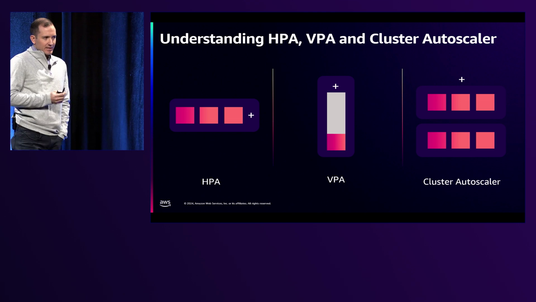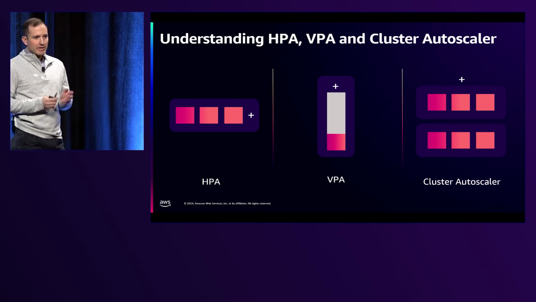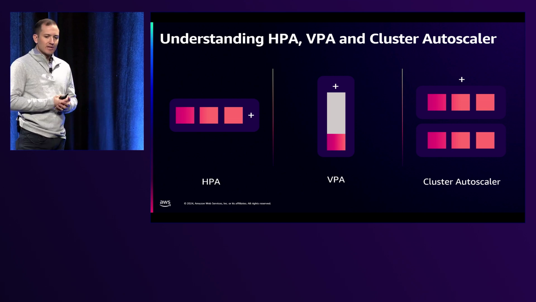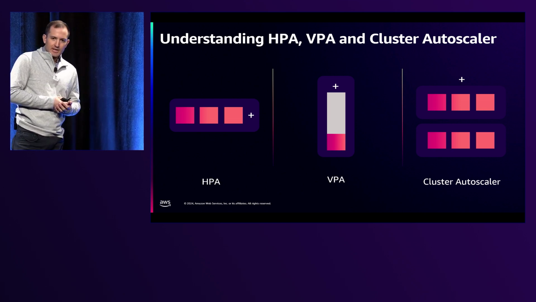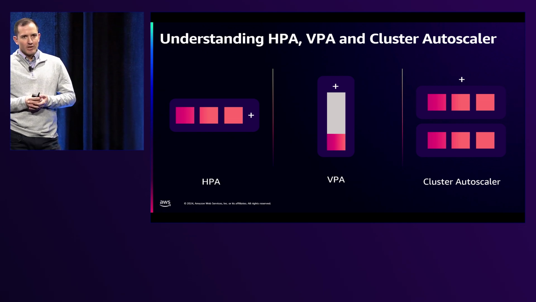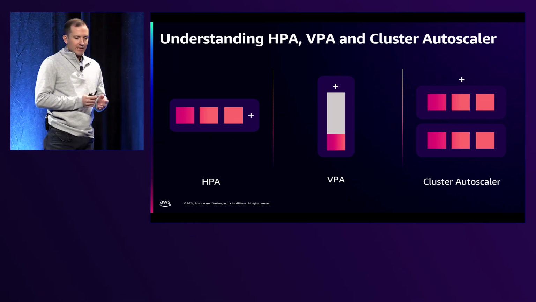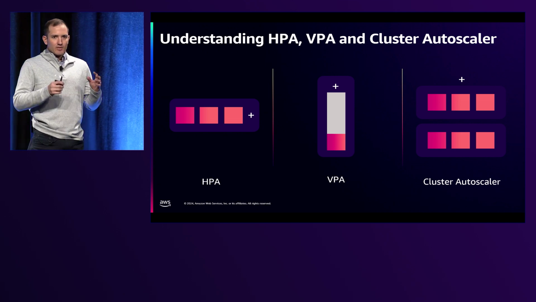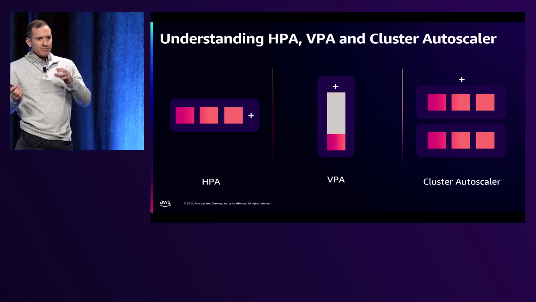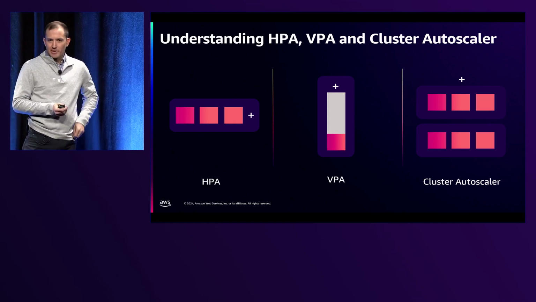Last but not least, we talked about horizontal scaling and vertical scaling, but what about your infrastructure? What about the number of nodes running in your cluster? That's what the cluster autoscaler can help you with. The cluster autoscaler is responsible for taking a look at pods coming into your cluster. If pods are in a pending state, the cluster autoscaler can say, oh, hey, there's something for me to do.